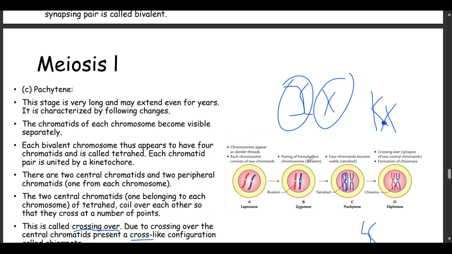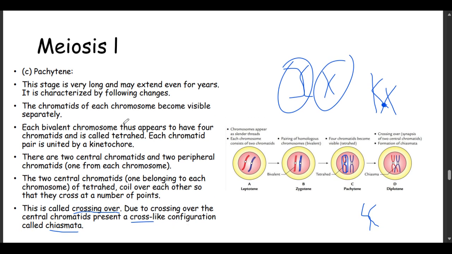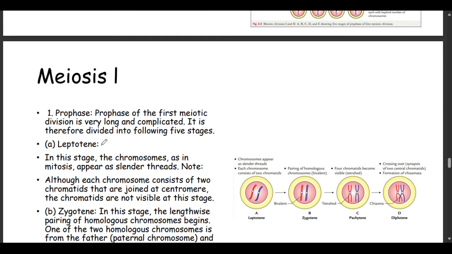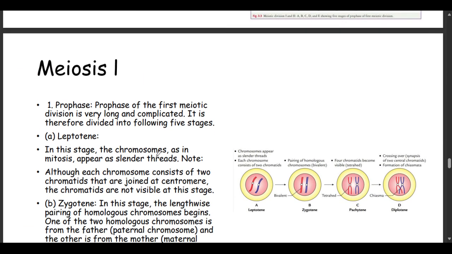So at the beginning, we have pairing of homologous chromosomes at prophase. Okay, and in prophase, the first stage, which is leptotene, that's where you're having a pairing up of homologous chromosomes.